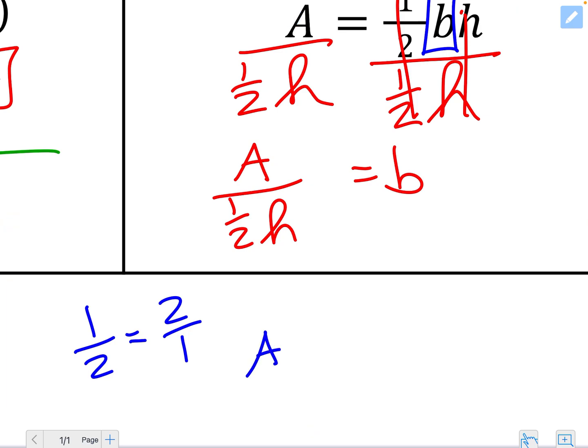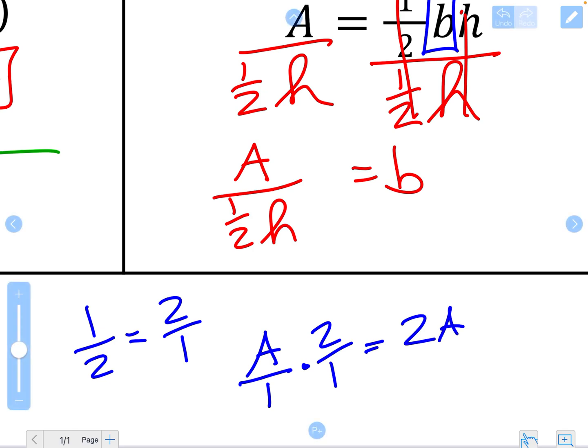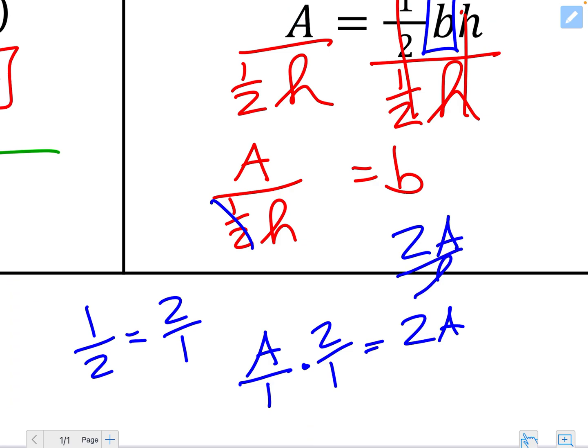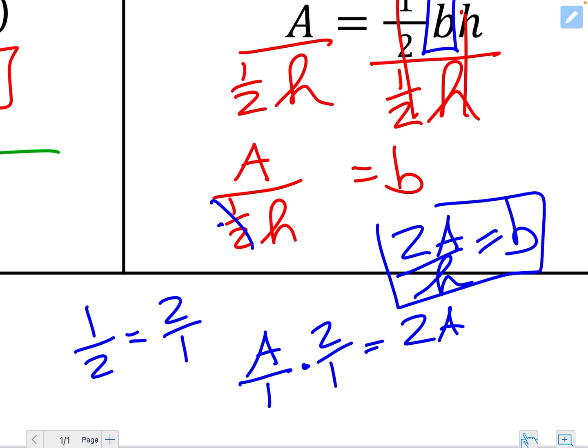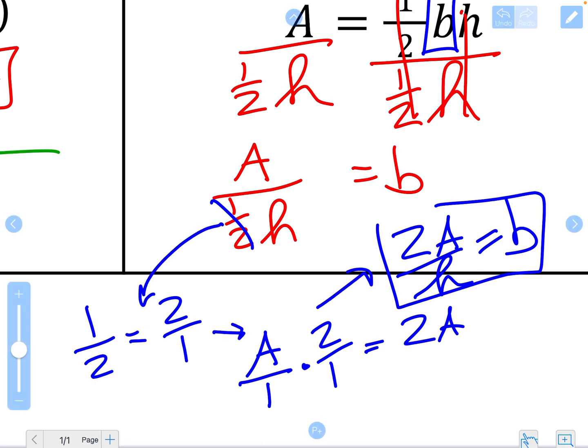So I'm going to take A, which is A over 1, and I'm going to multiply it times 2/1. So what I end up getting is 2A, and the over 1 disappears because anything over 1 is just simply itself. And so that's how the half goes away. So I end up with 2A divided by h equals b. And so that's how I go from there to here to there.